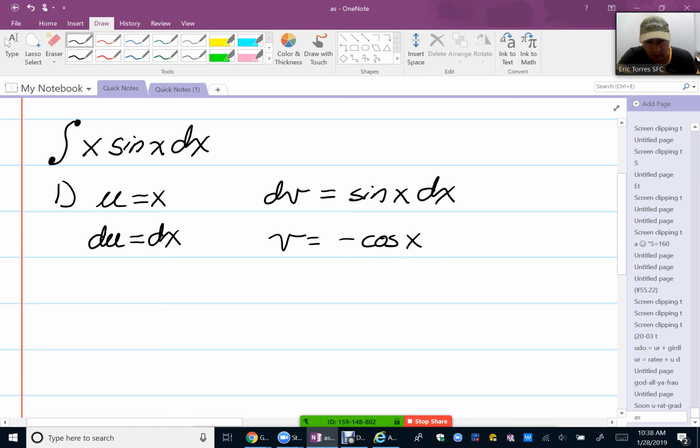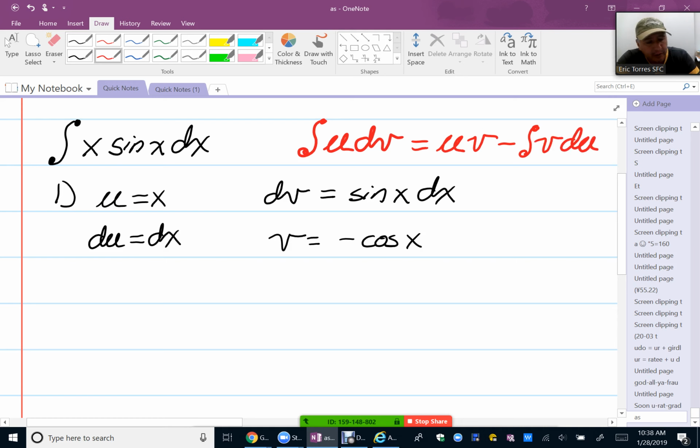Now, according to my integration by parts, we have the property that the integral of u dv equals u times v minus the integral v du.